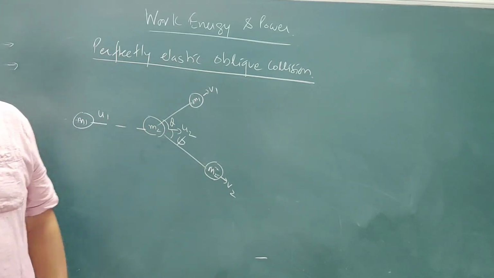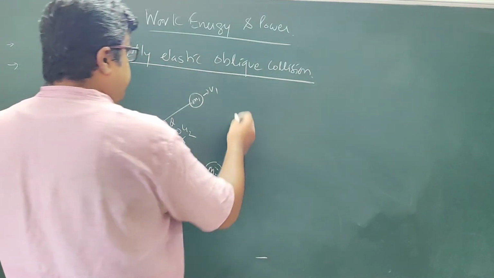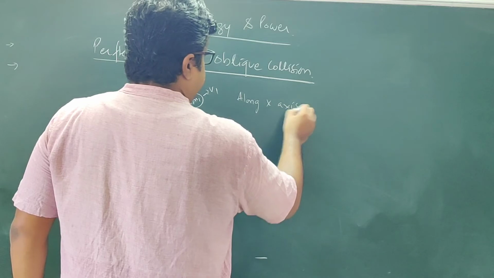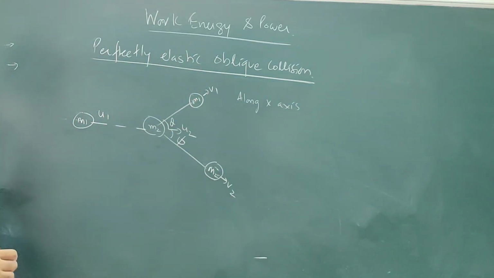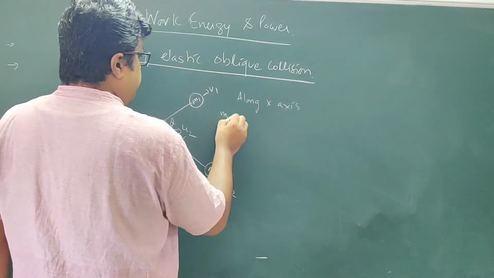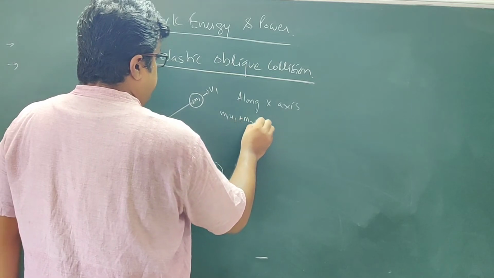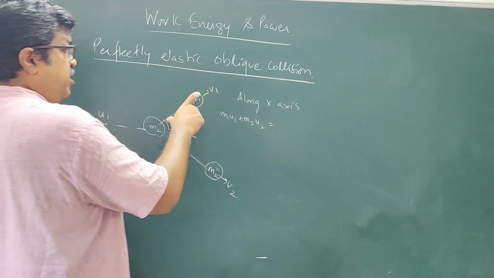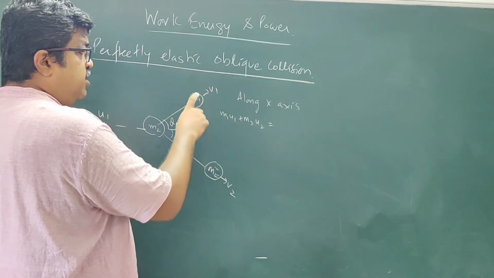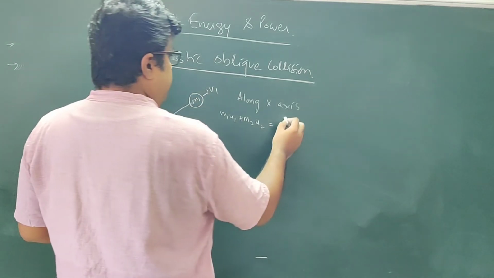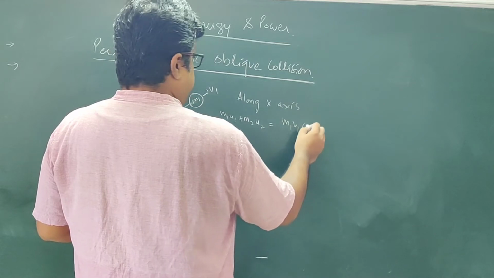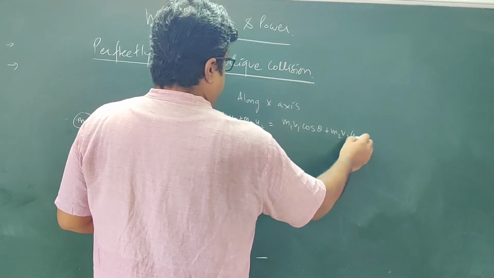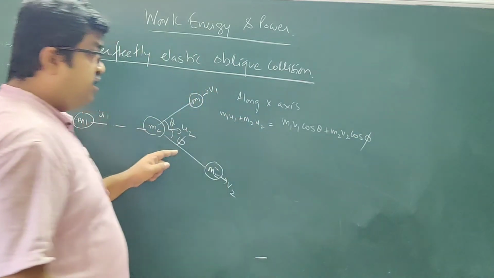Along the x-axis, before collision the momentum was m1 u1 plus m2 u2. After collision, the momentum is the component along this direction: m1 v1 cos theta plus m2 v2 cos phi. This is theta, this is phi.